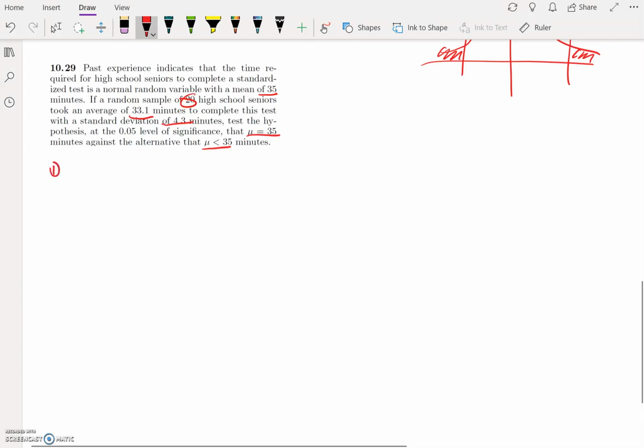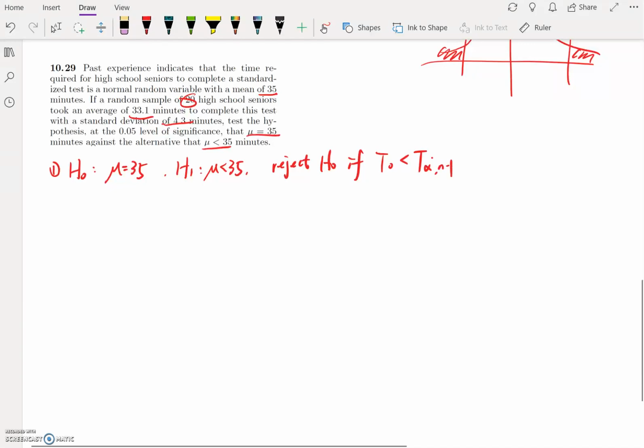So we follow the four steps. The first is the null hypothesis H0 is mu equals 35, and the alternative hypothesis is mu less than 35. So we reject H0 if T0 is less than negative t alpha, n minus 1.